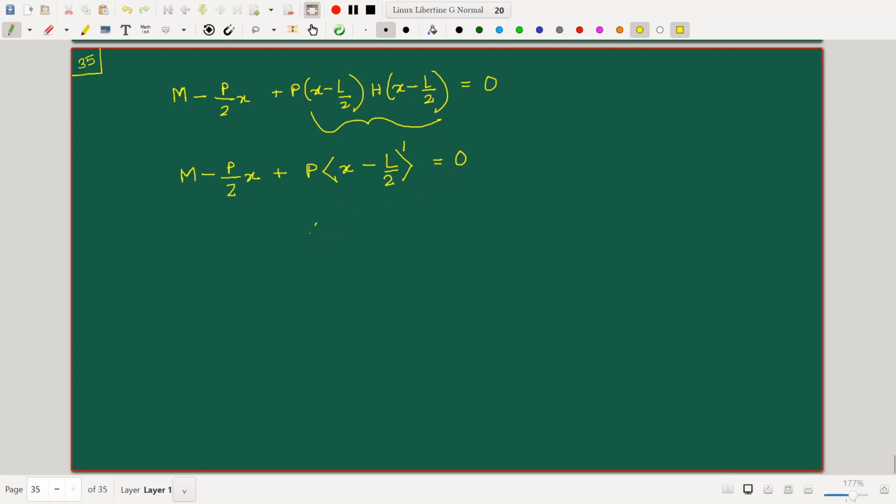So these angular brackets represent the Macaulay bracket. Sometimes they are also referred to as singularity functions.